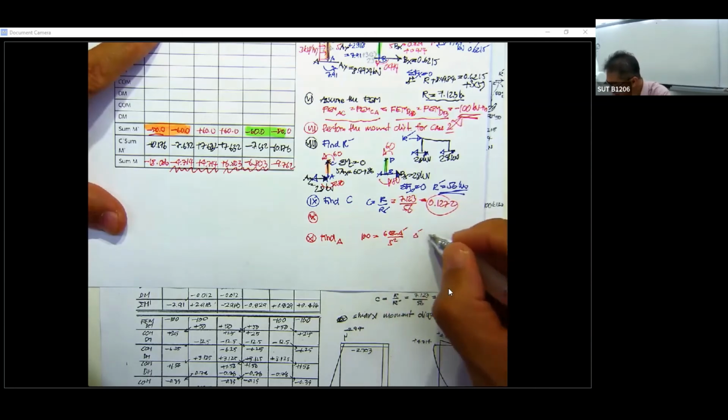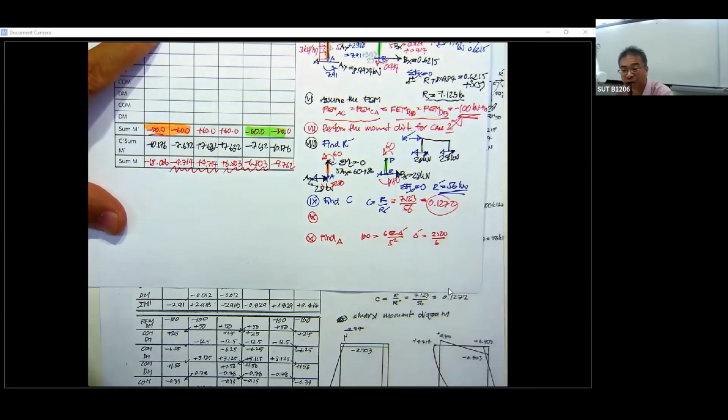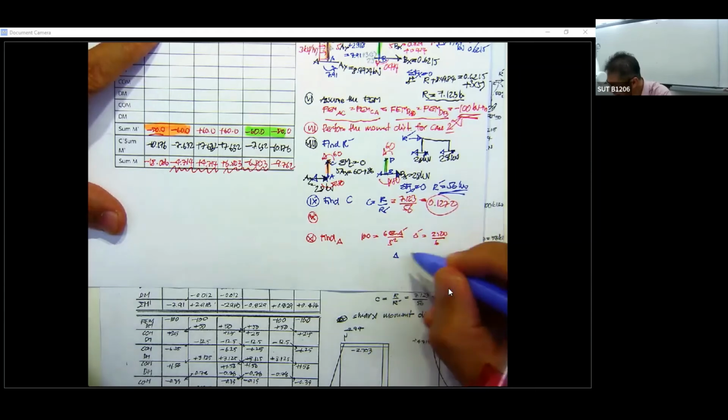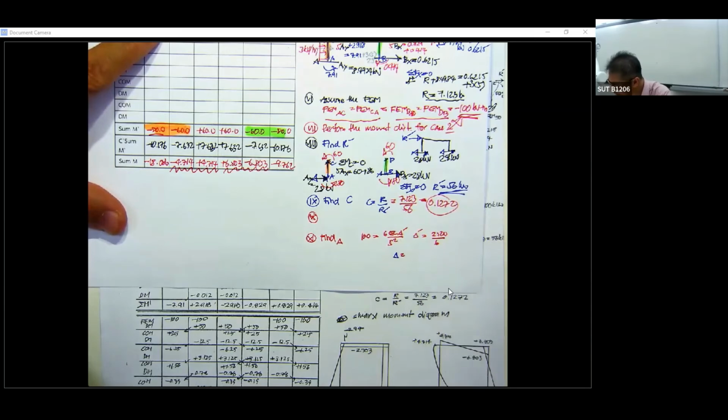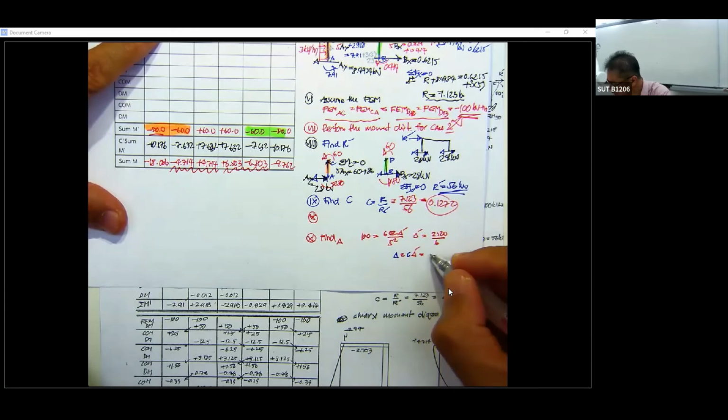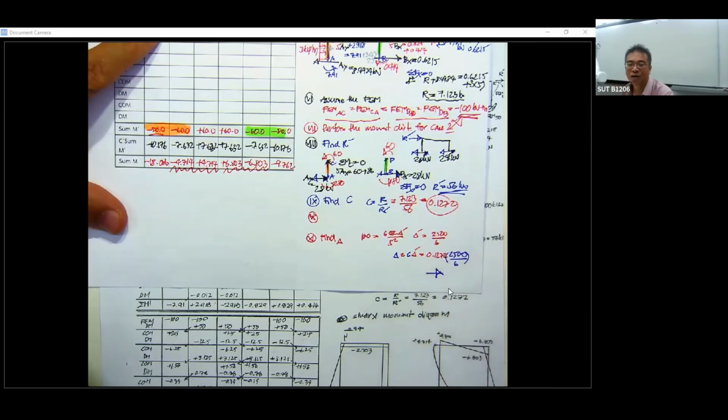So your delta prime is going to be 2,500 divided by 6. And to compute it correctly, the delta is going to be the correction factor C times delta prime, and then you will get 0.1272 times 2,500 divided by 6.